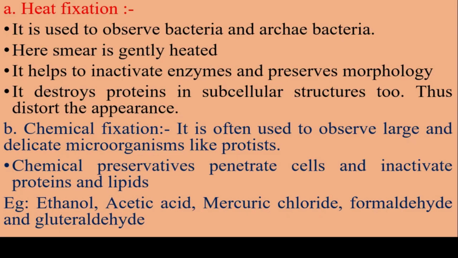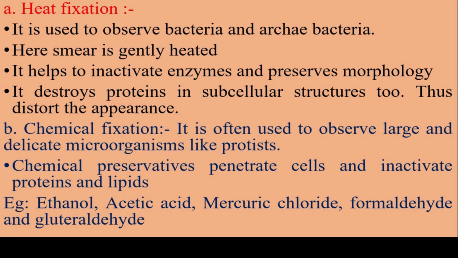The next step is chemical fixation. What is chemical fixation? It is often used to observe large and delicate microorganisms like protists. Chemical fixation is used in the case of protists, whereas heat fixation is normally used in the case of bacteria and archaebacteria. Archaebacteria means ancient bacteria.